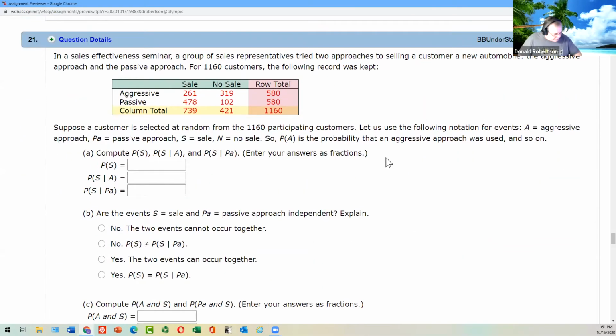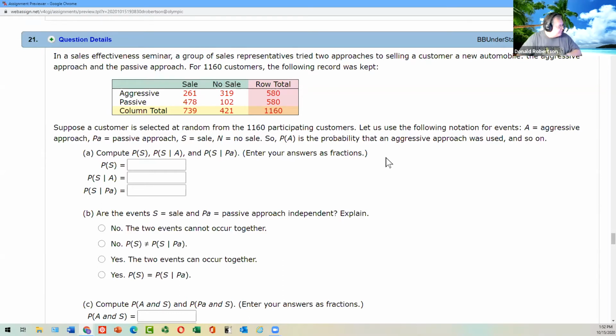Now, this one here, I'm going to take a copy of, that way I can go back to our paper, because there's a lot of stuff going on here. This is some data collected on sales effectiveness. So I guess you go to a seminar and they tell you strategies for selling things. And here goes.